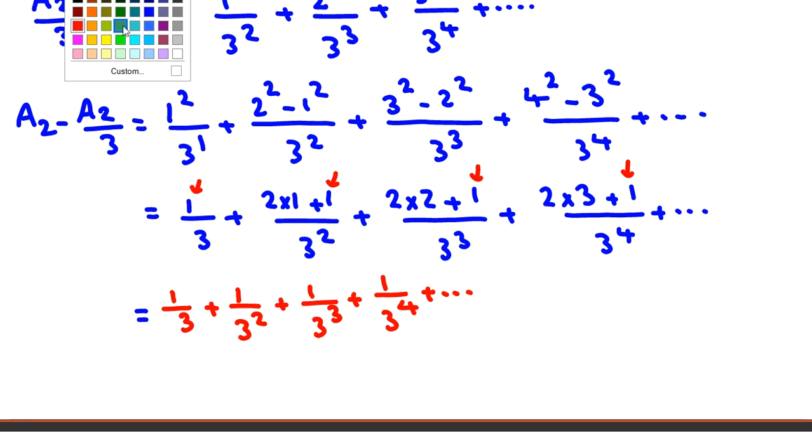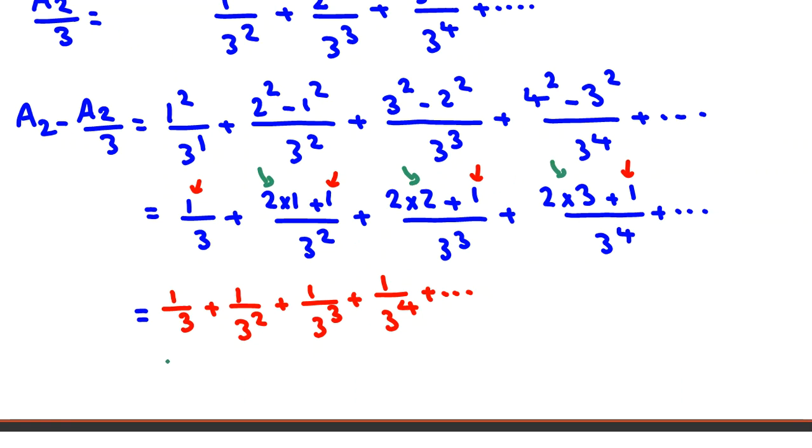And then I write the rest with green. This part, this part, this part. And I factor out 2. It will be 1 over 3 squared plus 2 over 3 cubed plus 3 over 3 to the 4, and so on. So we want to see what each part is.